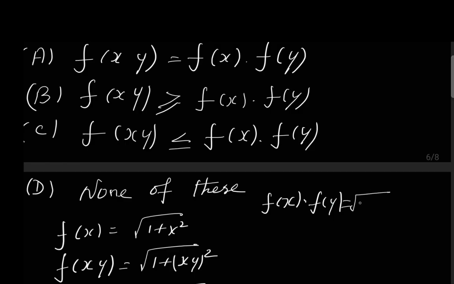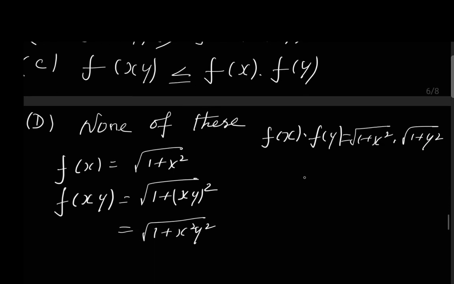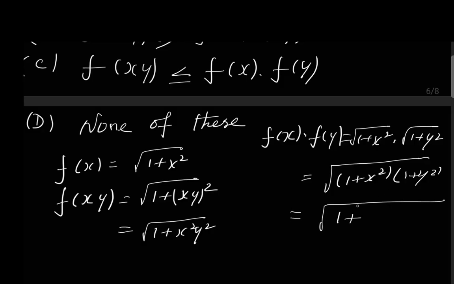So root of 1 plus x squared into root of 1 plus y squared. That is root of 1 plus x squared, 1 plus y squared. So root of 1 ones are 1. 1 into x squared is x squared. 1 into y squared is y squared. Then x squared, y squared.